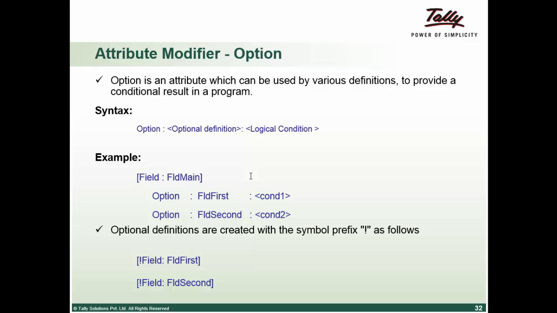The only thing is the syntax goes as option, the name of the optional definition, and the condition that you want to provide. So option, definition name, and condition. If this condition is true, this definition will get executed.